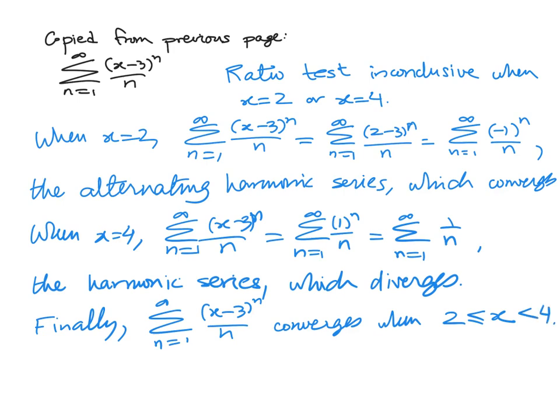Because the 2 less than x less than 4 part came from the ratio test, and then by figuring out what happens at 2 and 4 using some other method, I figured out that x equals 2 is also part of the domain where the series converges, and so I have to include it. So this becomes my final answer for the question.